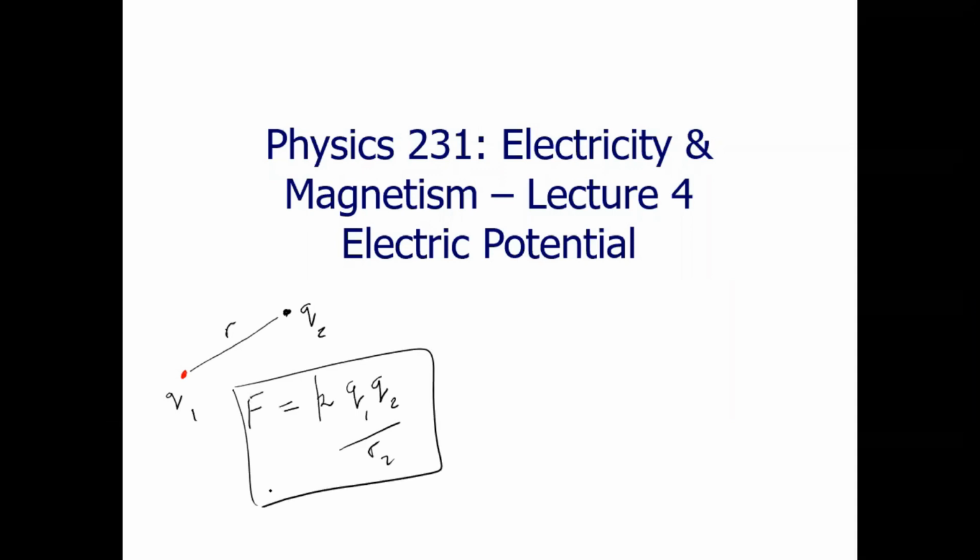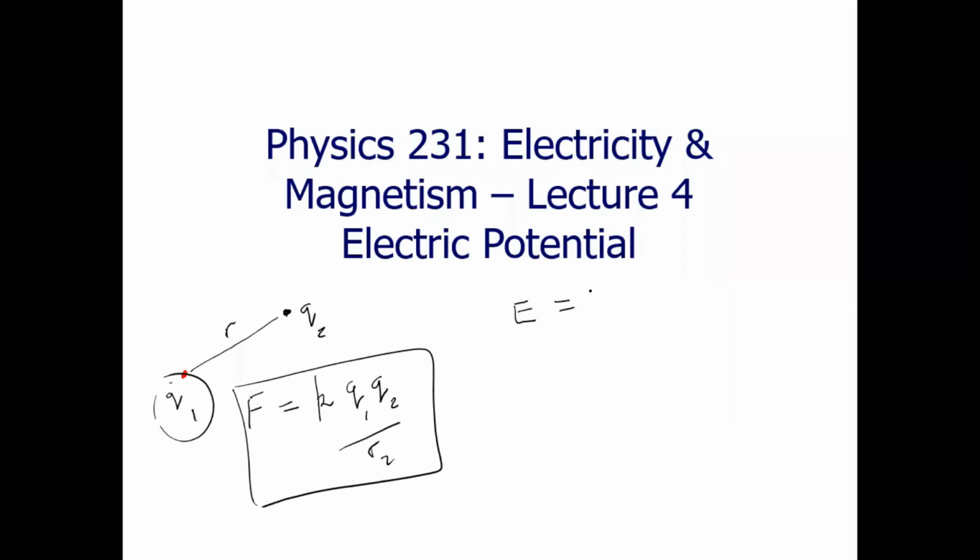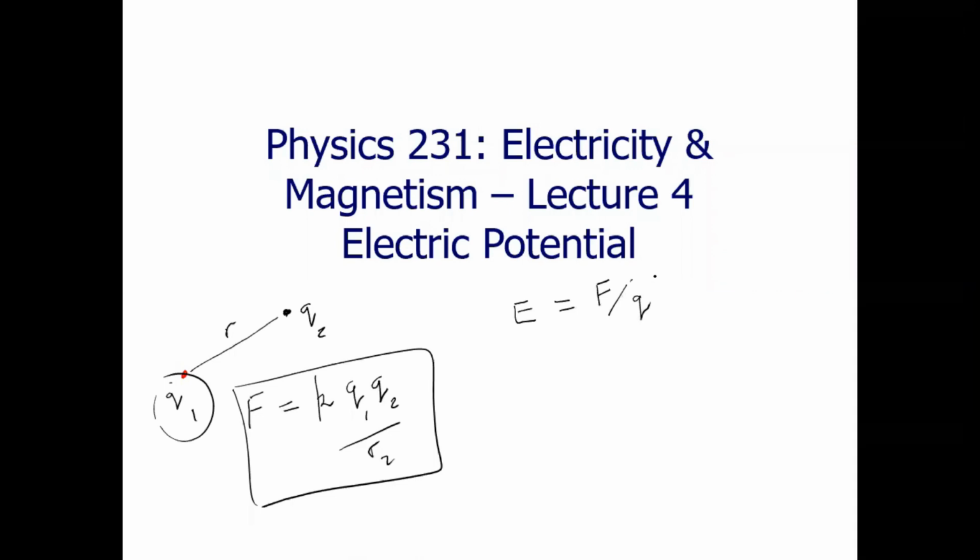We went to electric field. We said that actually the electric field is a property of one charge. Whenever you have a charge, in all the region around that charge you have the quantity called the electric field. The electric field is the force acting per unit charge, the force that is acting on a test charge.